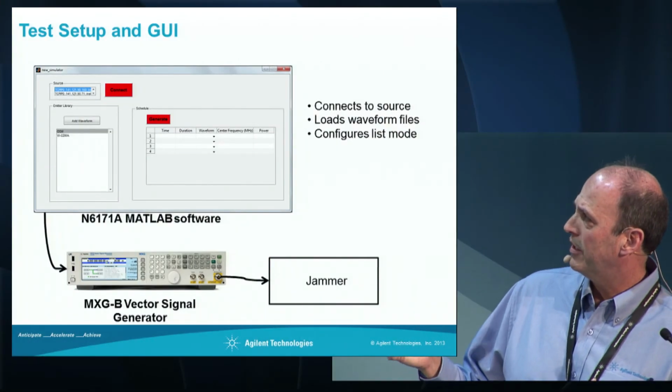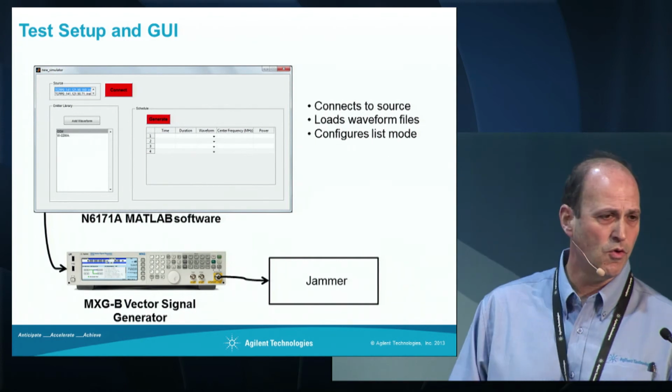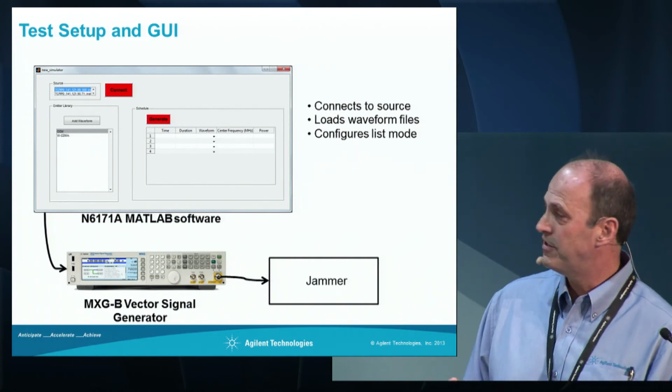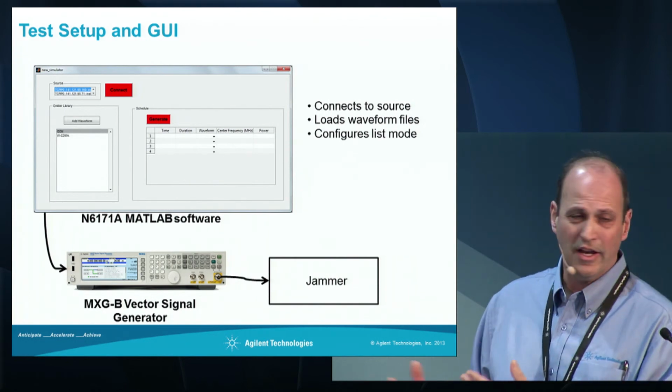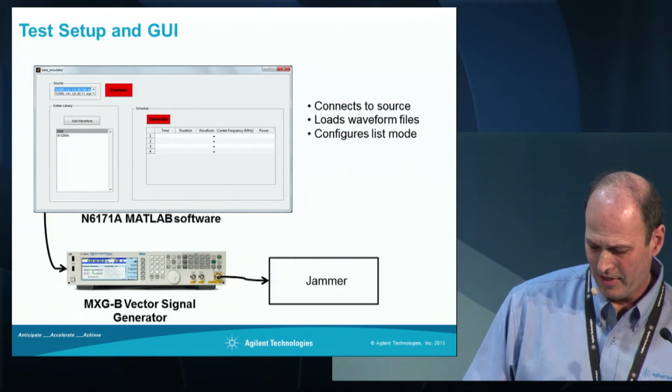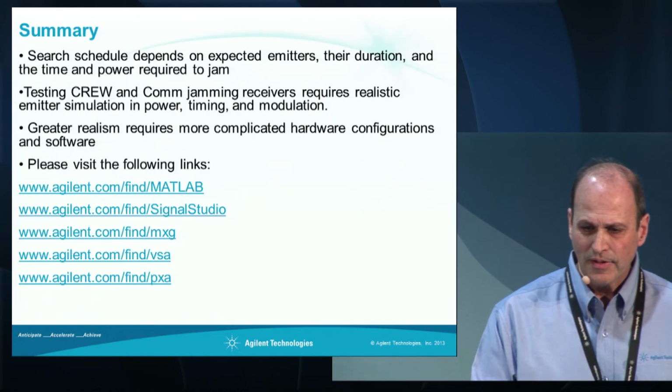Then using the MATLAB software, we can download either the actual signal or a simulated signal into the signal generator and then play that out and exercise the jammer. All right, so those are some of the basic techniques that would be used.